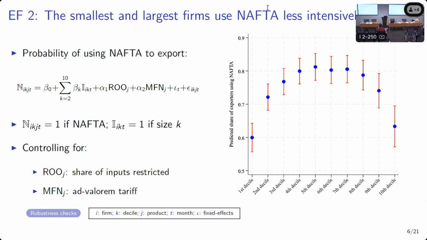And therefore, the opportunity cost of being restricted by rules of origin goes up. So it's costlier to comply with rules of origin. This firm can purchase every intermediate input from countries all over the world, so it's really costly to be constrained by rules of origin compared to a medium-sized firm or a small firm. It's going to be cheaper for those guys.